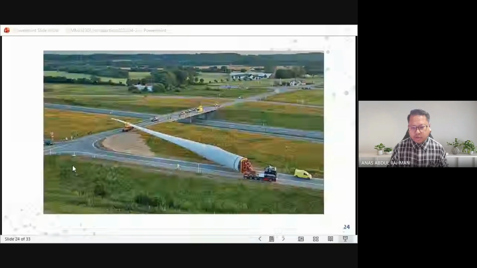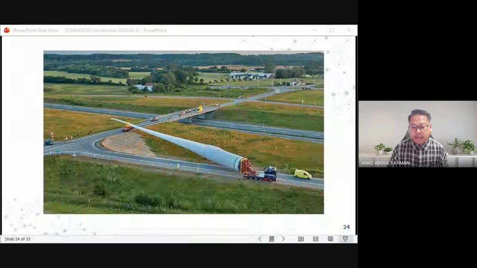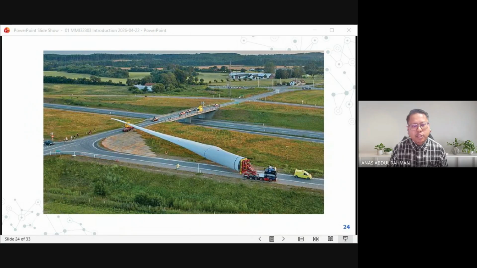All right, just to give you a perspective, this is the blade for a wind turbine. I've had the experience of seeing the blade being transported myself. It's seriously a logistical marvel. The way they have to arrange the transport is amazing, and it's huge.